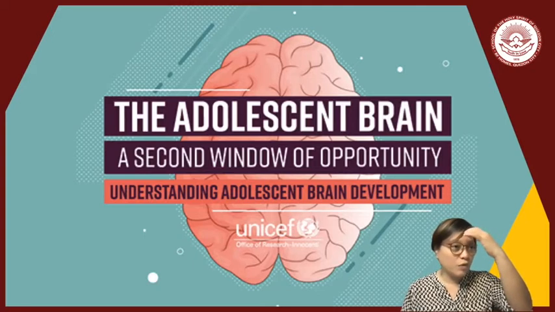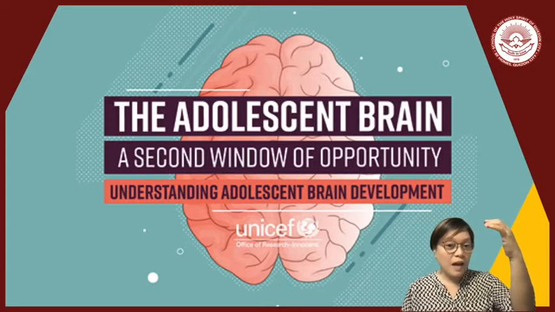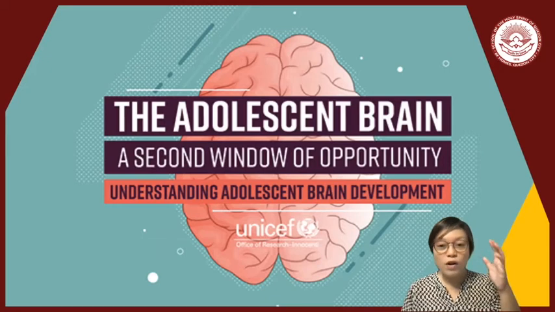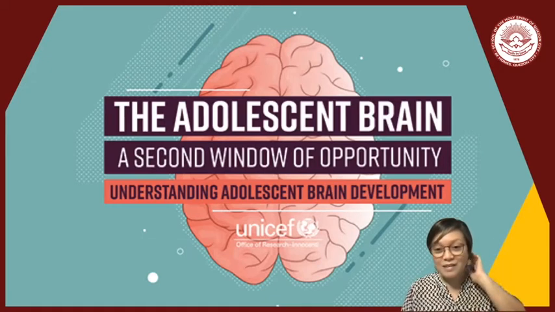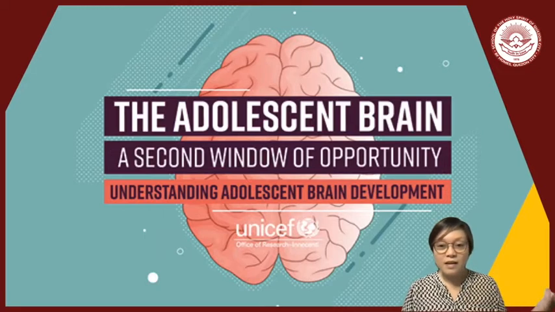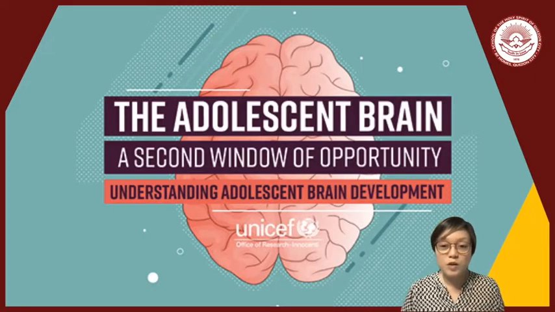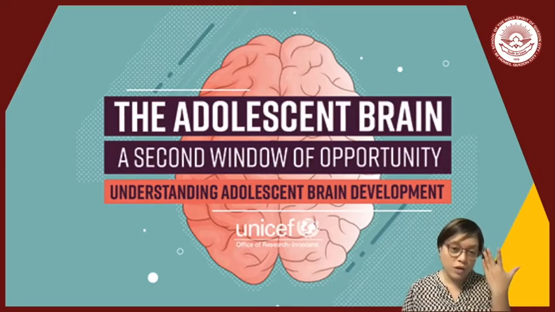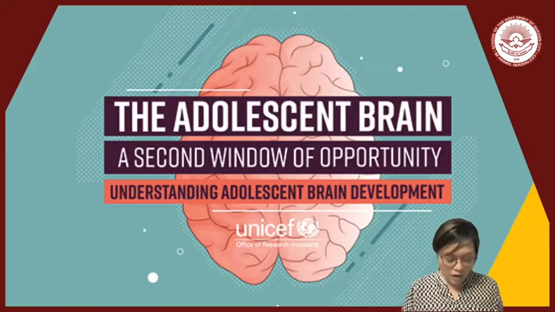Because this is not yet fully developed, all right, adolescents tend to be more emotional because your growth hormones are being overworked, and this is released in the limbic system which is also responsible for your emotions. That is why your emotions are somehow overpowering your ability to think rationally, because your prefrontal cortex is not yet fully developed.